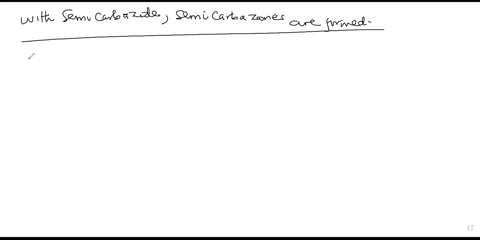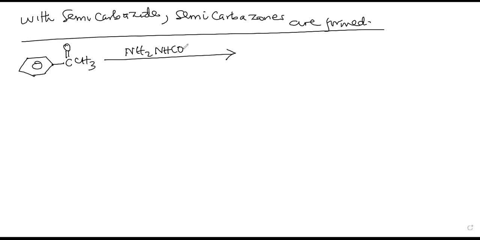So then let's see. You have this. It's reacting with a semicarbazide, NH2 NHCO NH2, in the presence of an acid that will form a semicarbazone. The mechanism can help you, as you may not easily guess the product when you are not very certain.